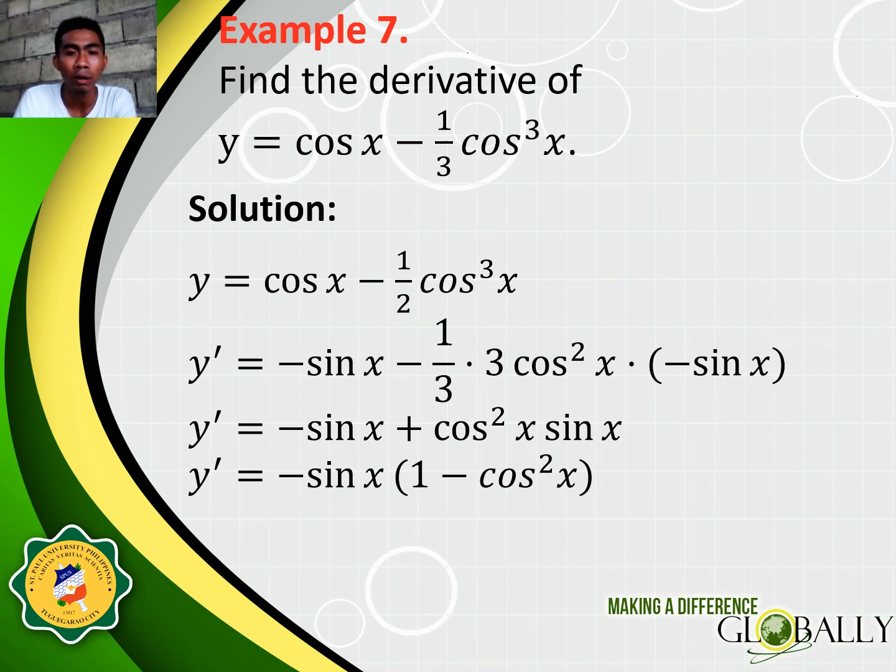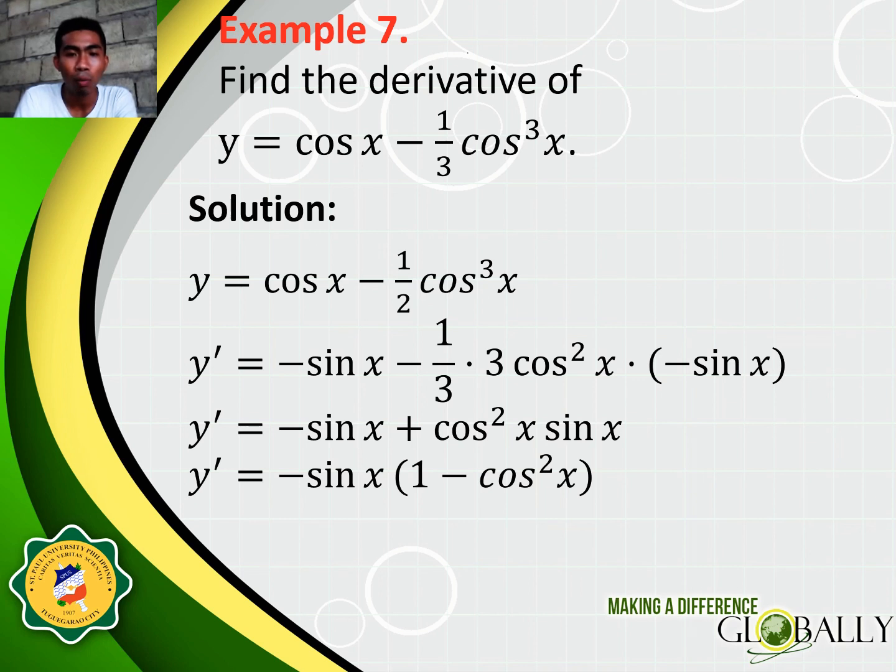And 1 minus cosine square x comes from a trigonometric identity: cosine square x plus sine square x equals 1.